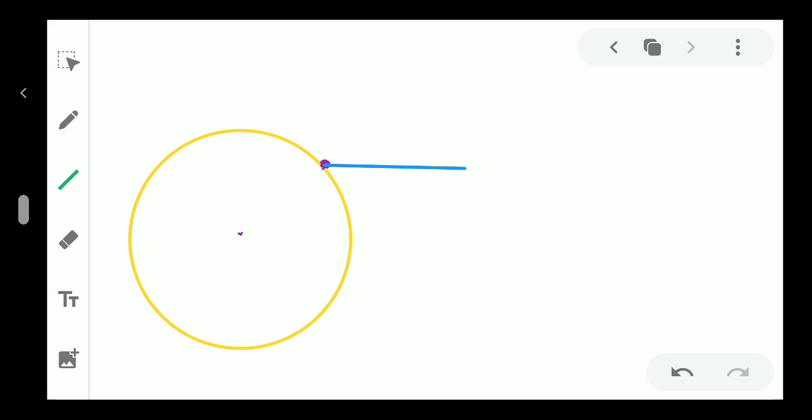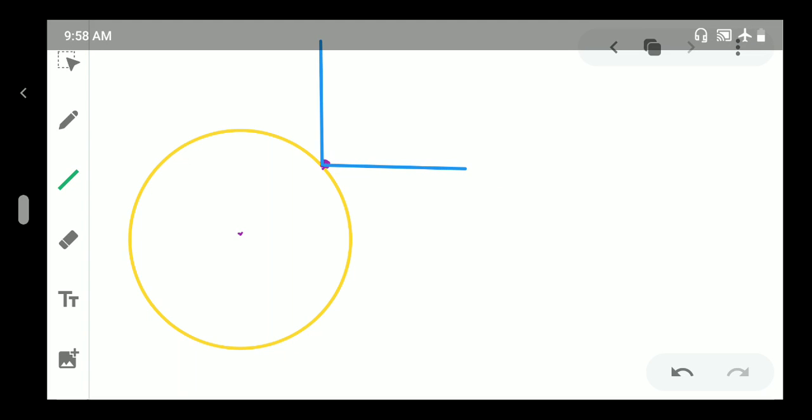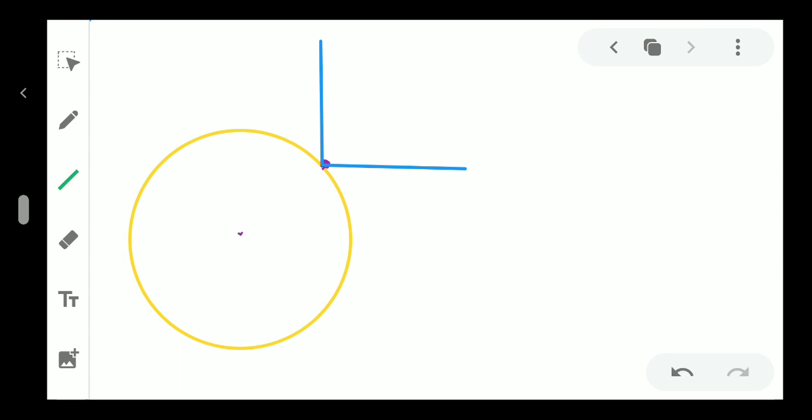So this will be my x-axis, and this will be my y-axis. So this is my x-axis, that is the i cap direction is along this way, and this is my y-axis, that means the j cap direction is along this way.